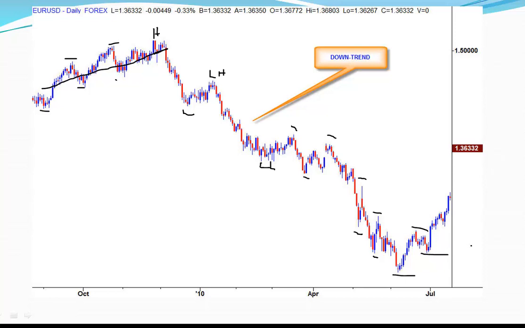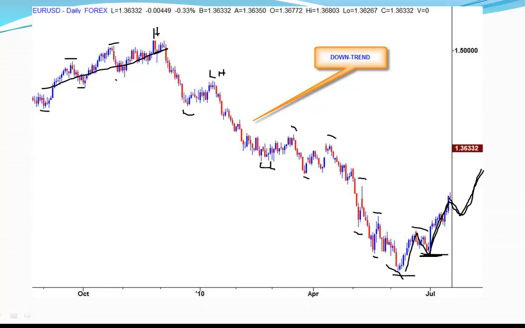So the process probably went something like this: your trend stopped going down once the higher low was in and started shifting directions back up.